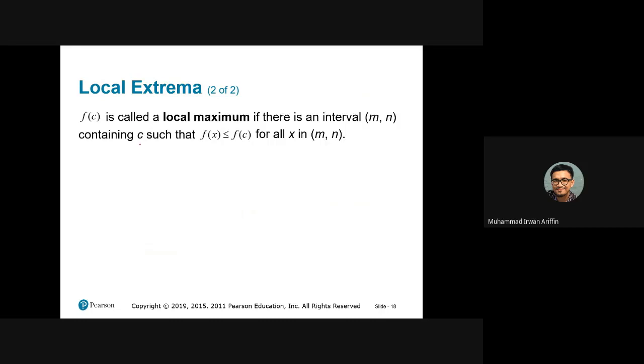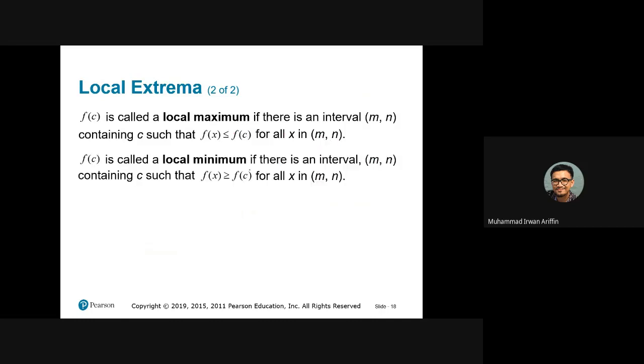So function f, the value f(c), is called a local maximum if there is an interval (m, n) containing c, any real number, such that the function for all other values would be lower than or equal to f(c) for all x in (m, n).